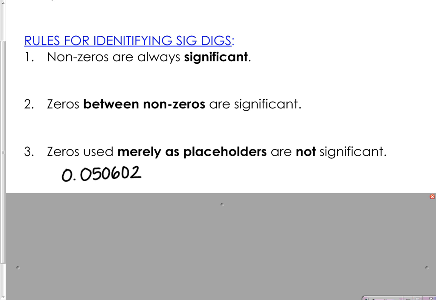We know that anything that isn't a 0 is significant. So we know that the 5, the 6, and the 2 count. We also know, based on rule number 2, that zeros that are trapped between must be significant. So those 2 zeros count. These zeros out in front are placeholders. They do not count as significant. So I only have 1, 2, 3, 4, 5 sig digs. So I'd say 5 significant digits.